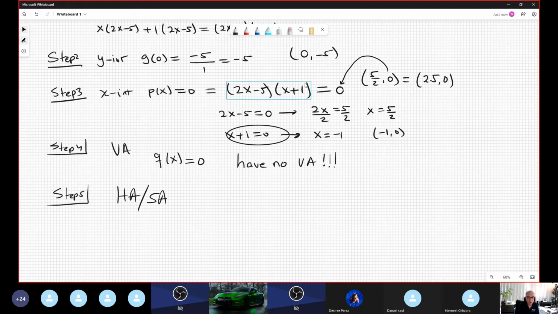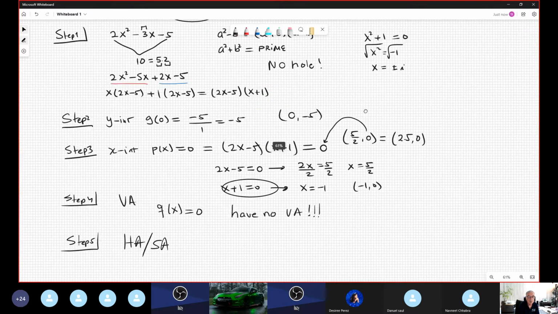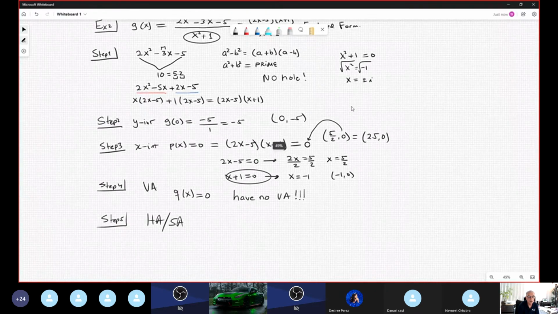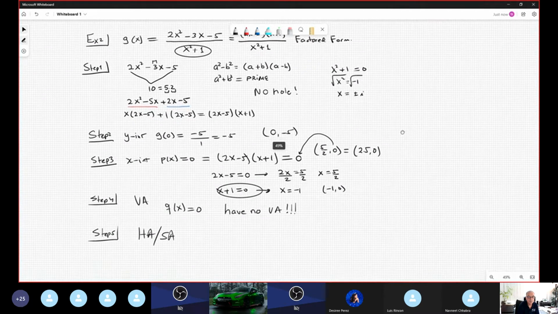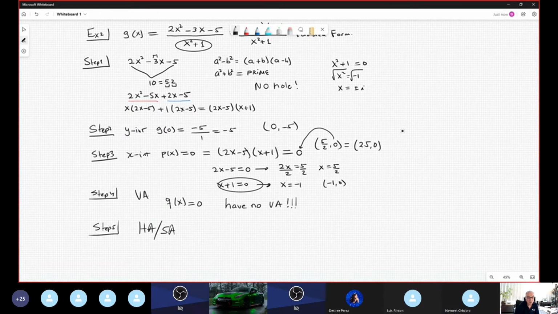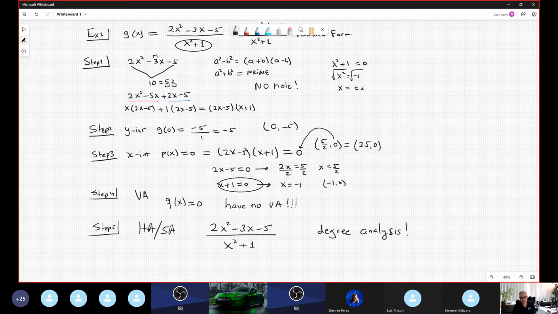Okay, I come back to the beginning. I want to copy again: 2x squared minus 3x minus 5 divided by x squared plus 1. And remember the degree analysis. Okay, what do you think?